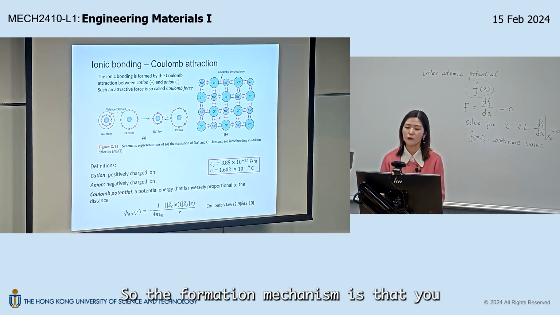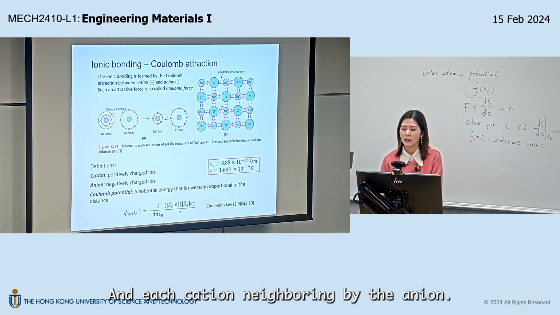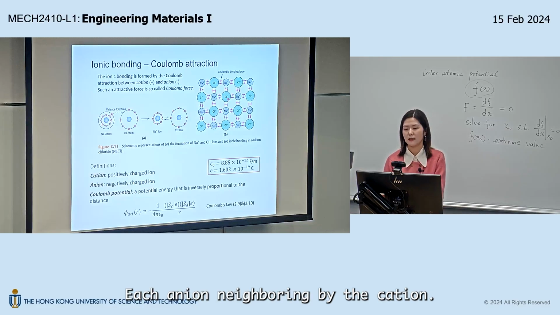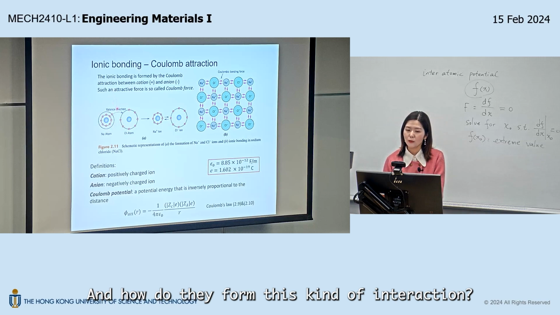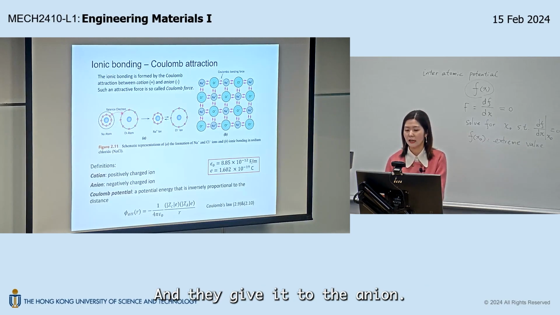Okay. So the formation mechanism is that you have an array, periodic array, to form the crystal. And each cation neighboring by the anion, each anion neighboring by the cation. And how do they form this kind of interaction? The cation loses this electron completely and gives it to the anion.